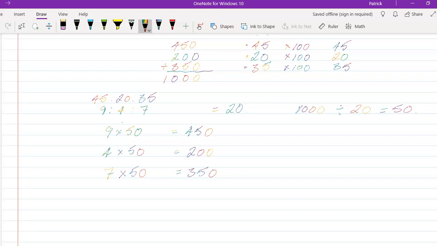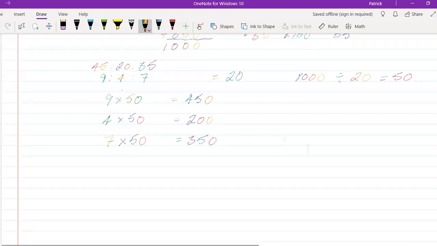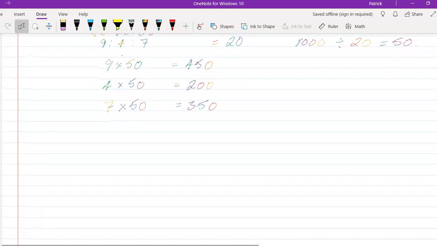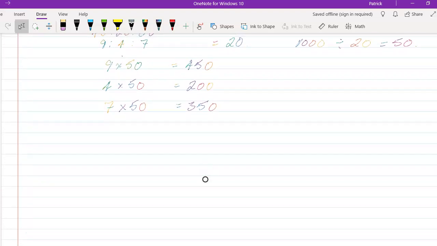Now, if it was 9 is to 4 is to 7, what do I do to work out how much each person put in for the ticket? That becomes $5 divided by 20, or I could make it 500 cents divided by 20.